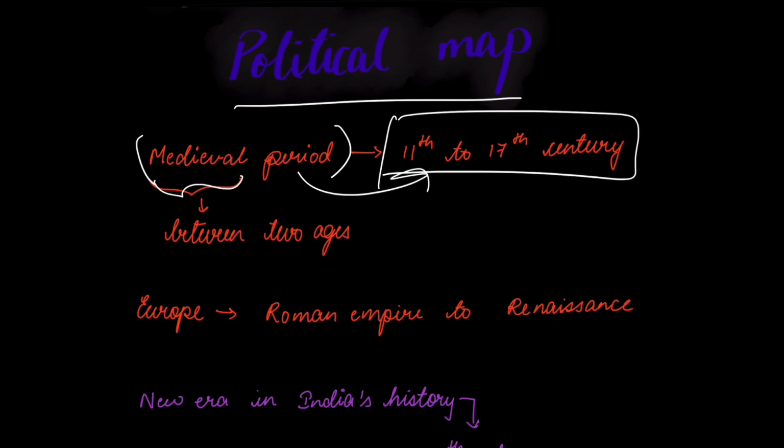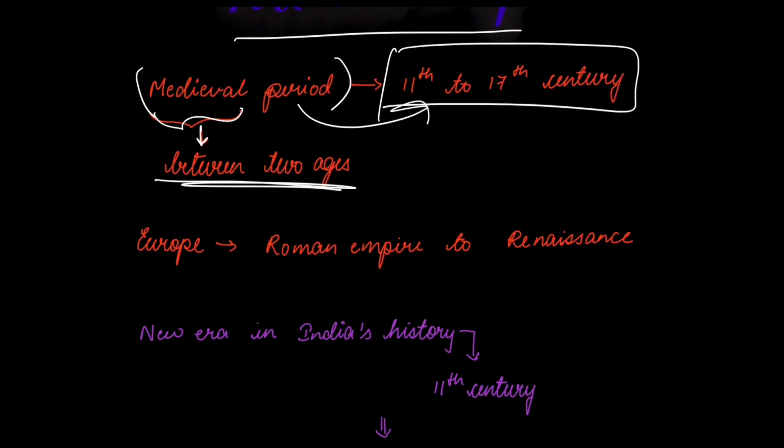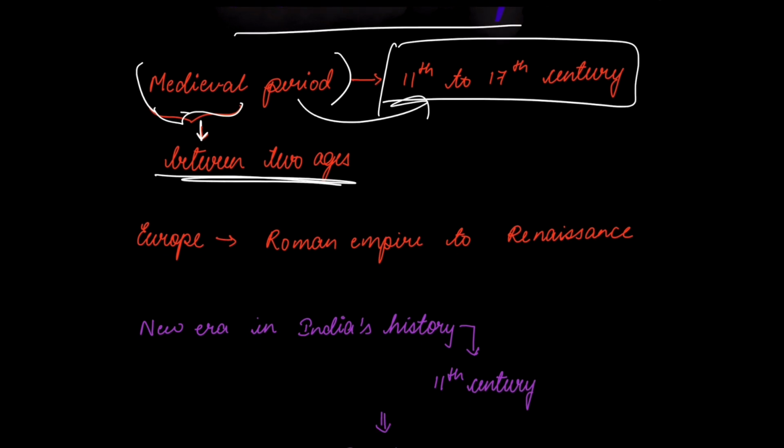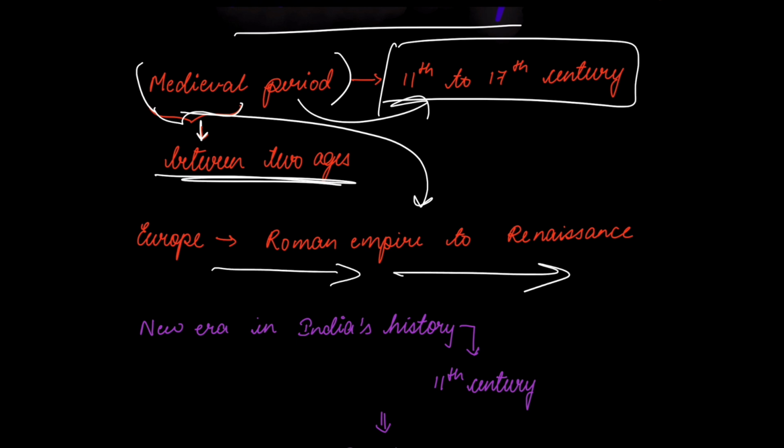Medieval means in between two ages, and Europeans used this word to refer to the period between the fall of the Roman Empire and the Renaissance. For them, it is from the Dark Age to modern science. But for us, medieval simply means the 11th to 17th century.